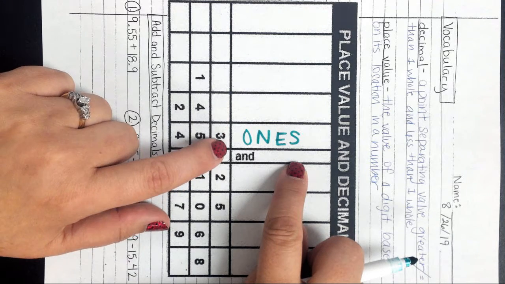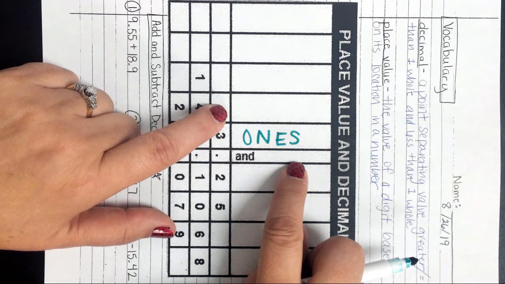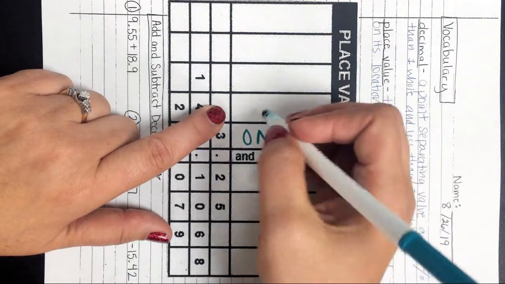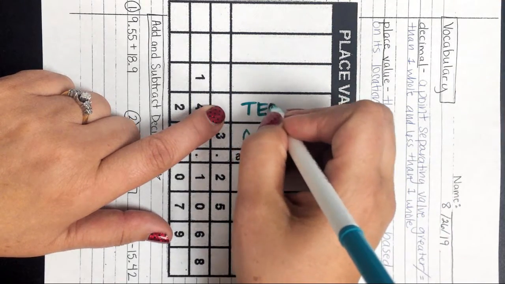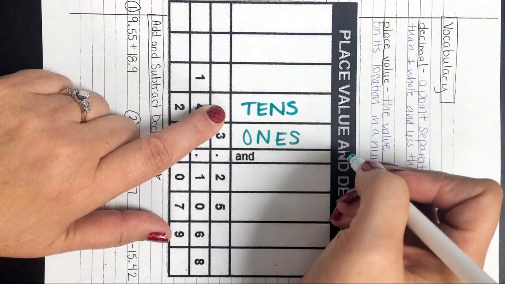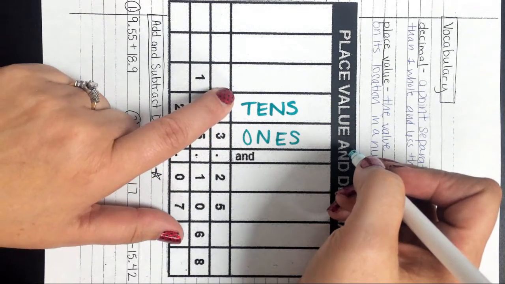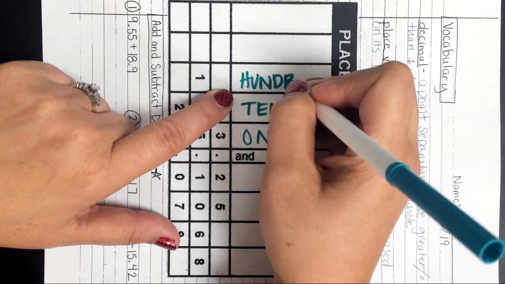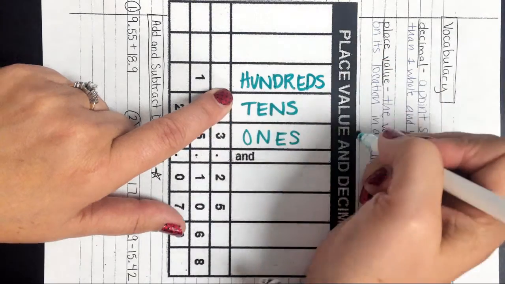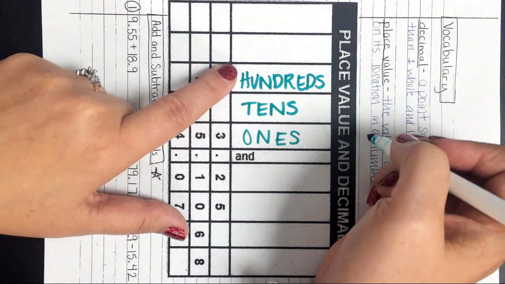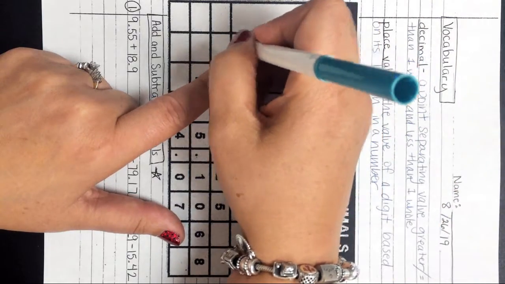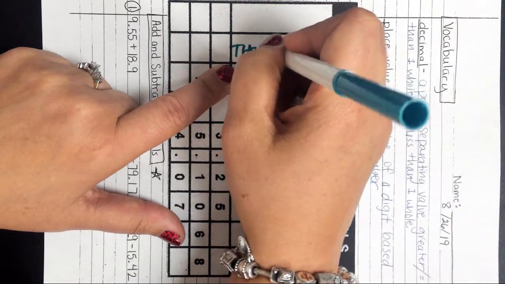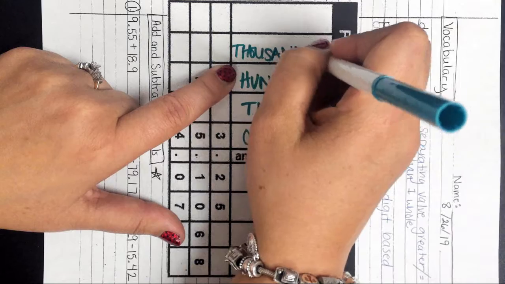Moving from our ones place, we multiply by 10 and we end up in our tens place. Multiply by 10 and end up in our hundreds. Do you see how each time we are increasing by a power of 10? So what comes next? Not quite, 10,000.